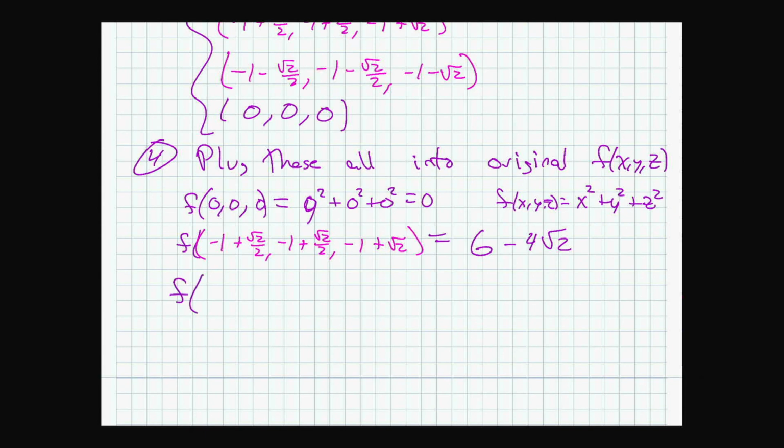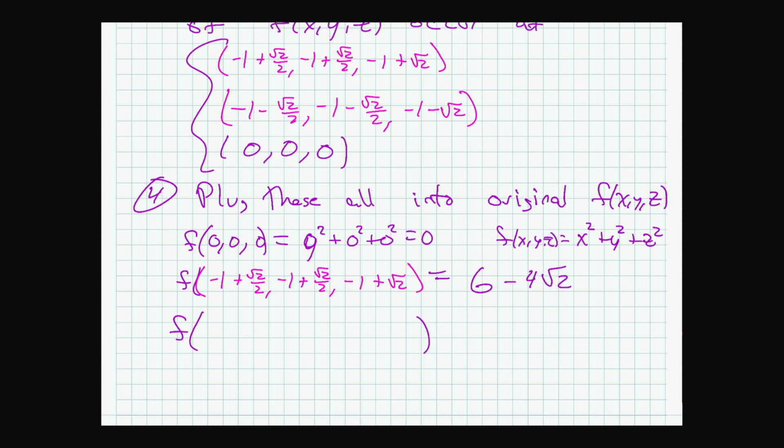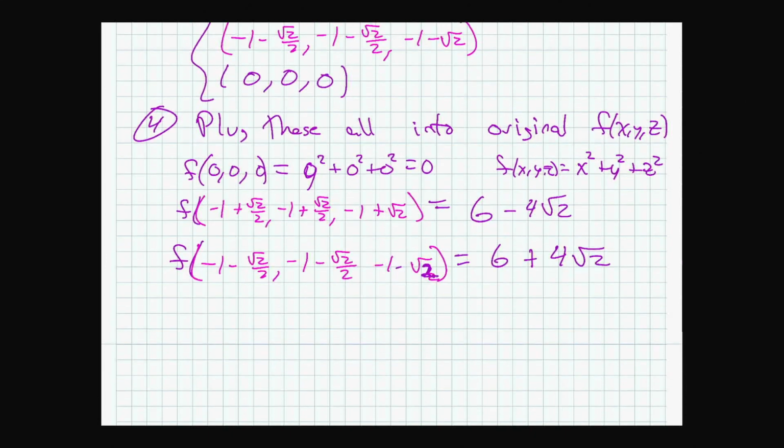And if you do the other one with the minuses, that one works out to 6 plus 4 square root 2.